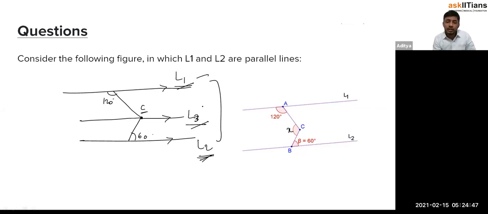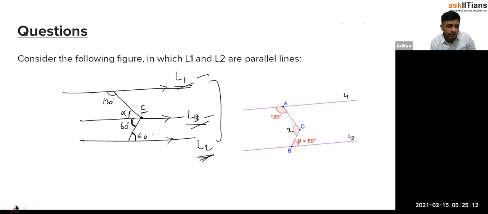So L1 and L3 will also be parallel to each other using the last concept that we saw. Now since that is the case, let us call this angle alpha, and this angle will be 60 degree only. Why will it be 60 degree? Because both of these form a pair of alternate interior angles, okay?